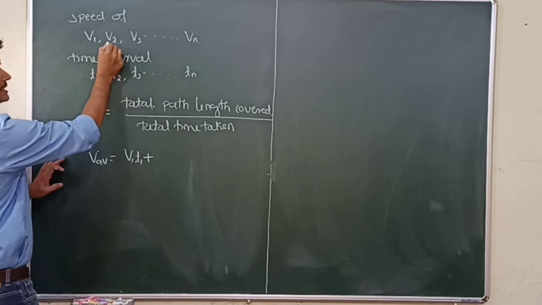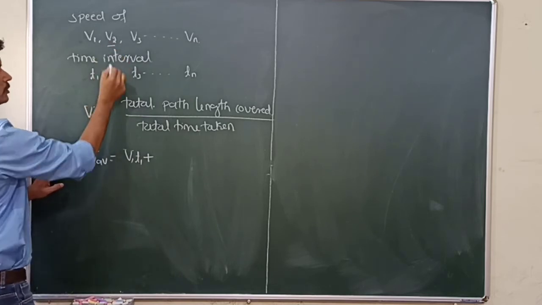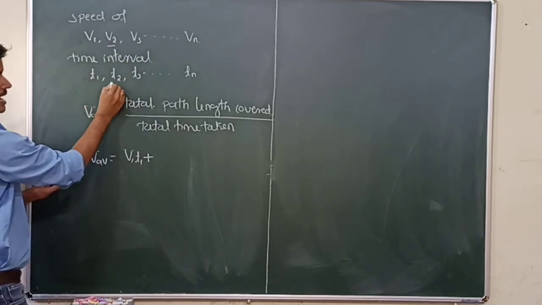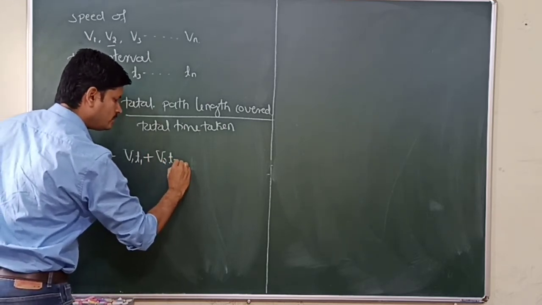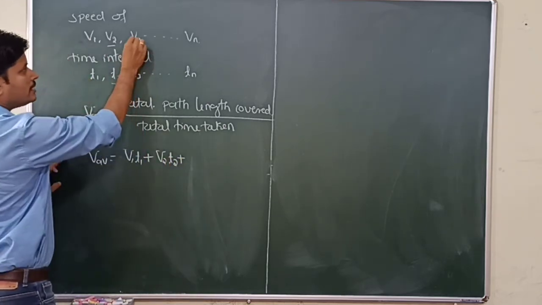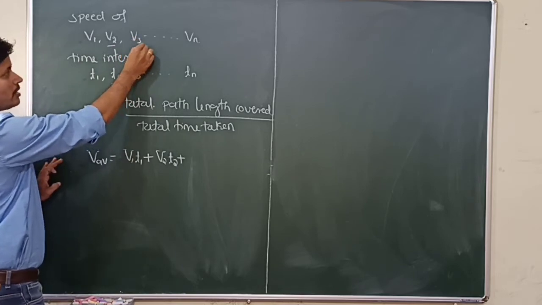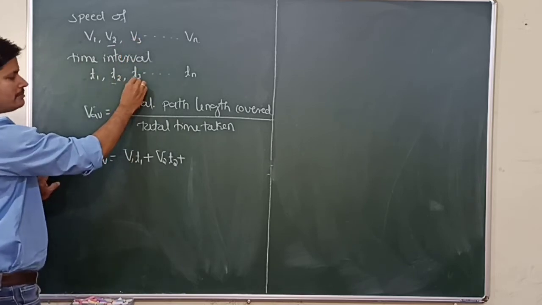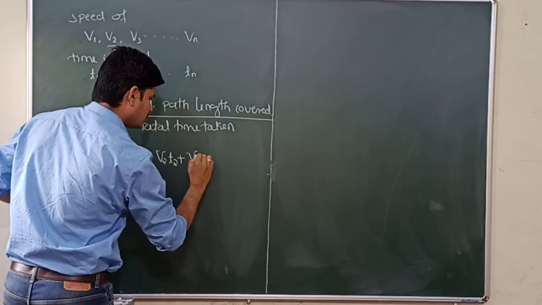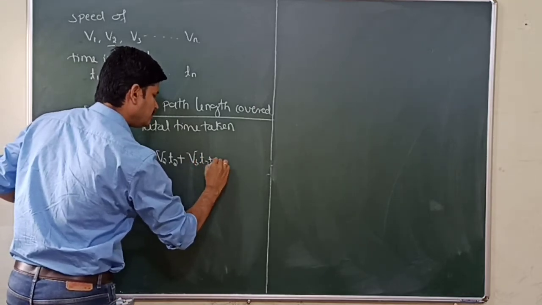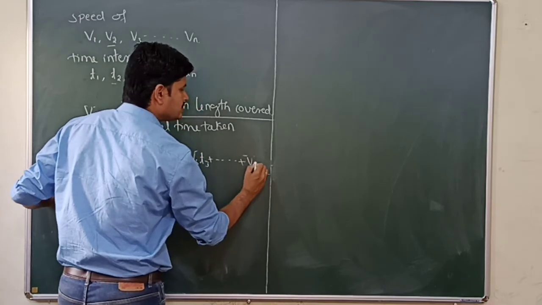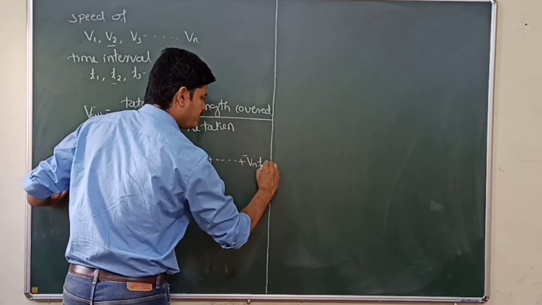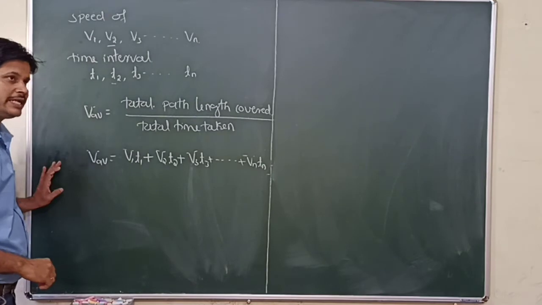Plus for the second path length, v2 into t2, plus the third path length with a speed of v3 in a time t3, v3 into t3, plus so on, plus the last speed vn in a time interval of tn.